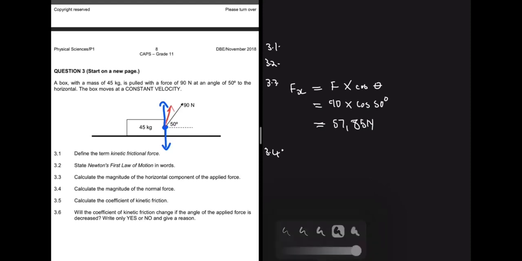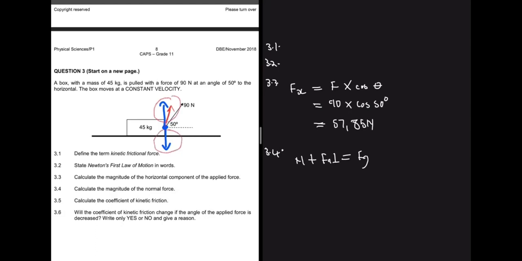So that tells us that the normal force plus the force applied perpendicular, the y component, equals Fg, because these three forces are balancing each other. There's no movement along the y-axis. These two forces are equal to the force pulling it down.